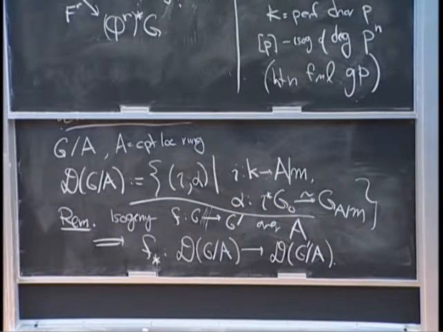Well, why is that? It's because of that unique factorization property. I have an isogeny, but G is equipped with a deformation structure.